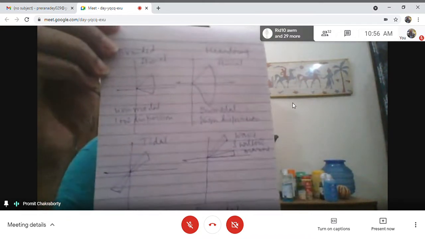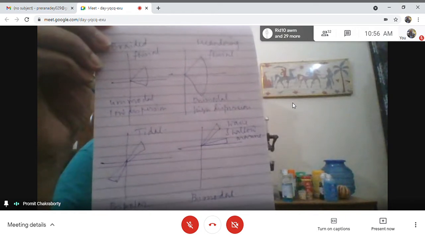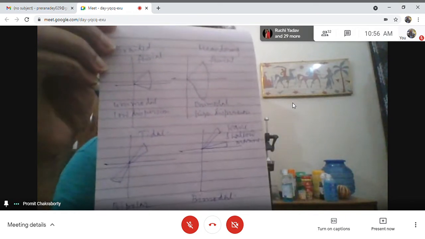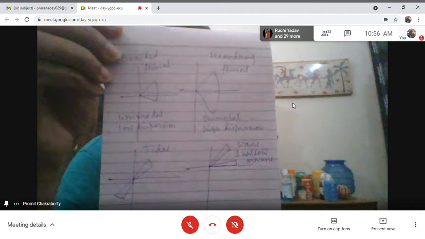Characteristic paleocurrent pattern for the different environments. You first draw it. Is it visible?